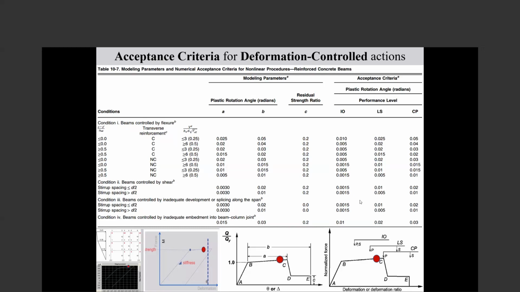Very good. So if it is included, I should check this part. Because what about the acceptance criteria?